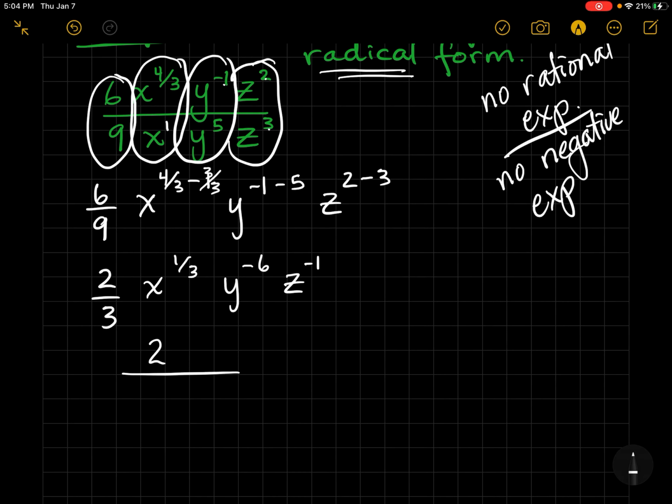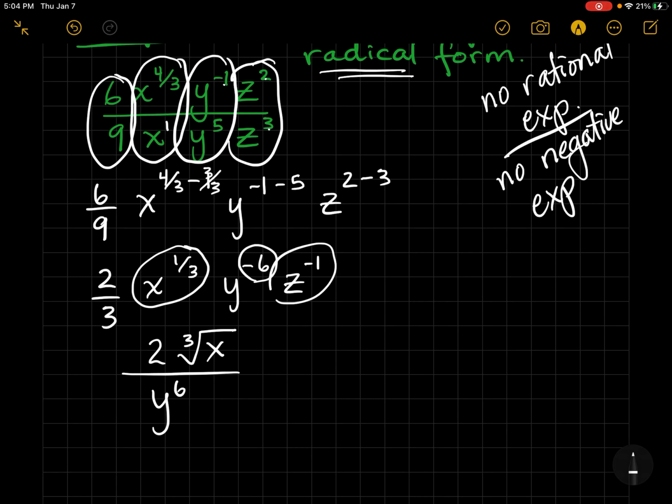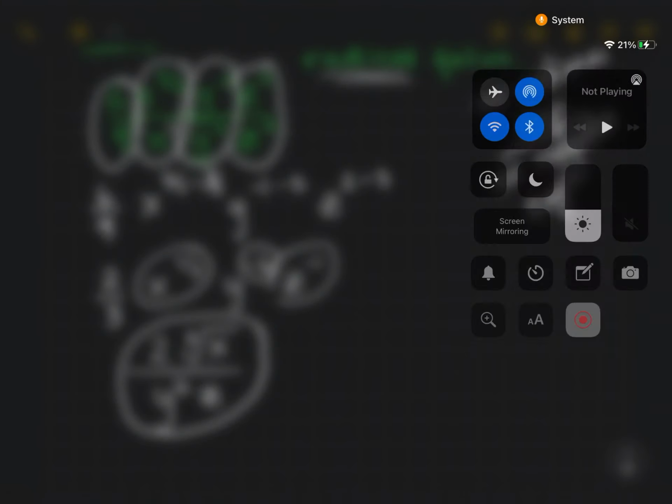I have a 2 and I have x to the 1/3. How can I write that as a radical? That would be the cube root of x to the 1st power. Now, the negative means reciprocal. And now I can make that positive. And here, that's going to become z to the 1st power. I don't have to write the 1. Final answer. And that's simplified.